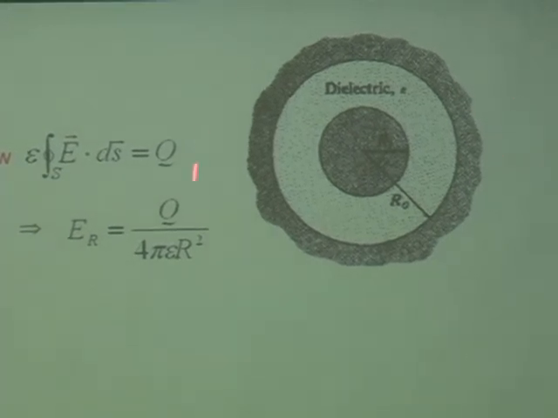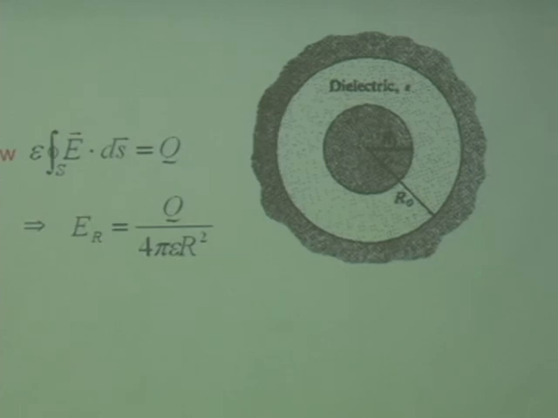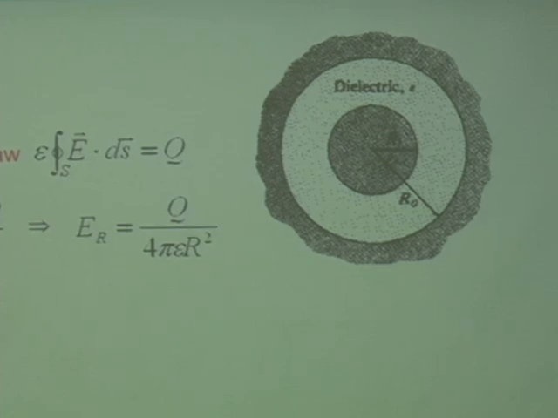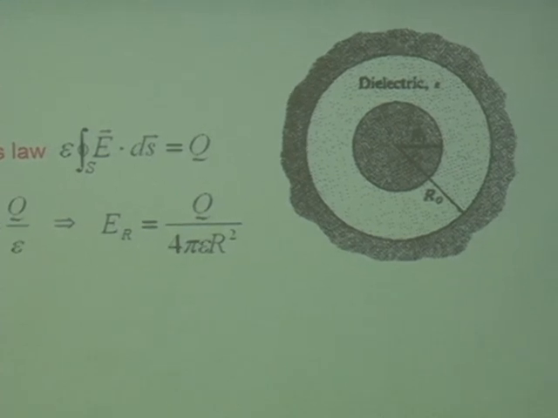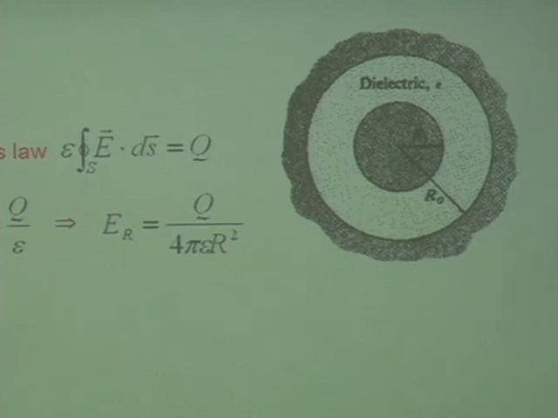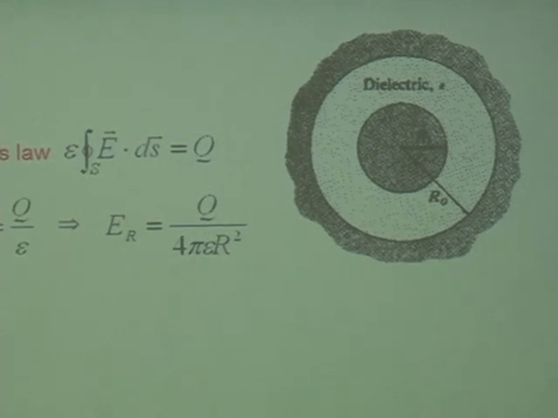Between these two conducting materials, you fill it with some dielectric material with a permittivity of epsilon, and you are asked to calculate the capacitance of this capacitor. This is less common, less popular than coaxial cable, but it's a good illustration of how you can calculate the capacitance with different geometry.